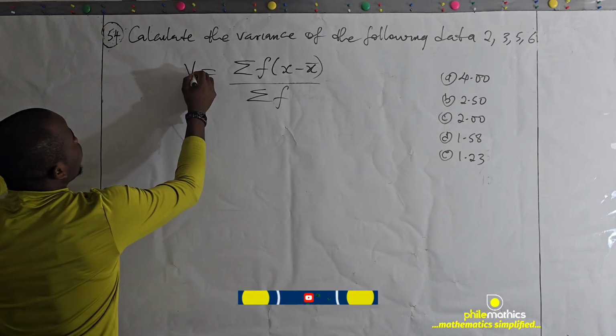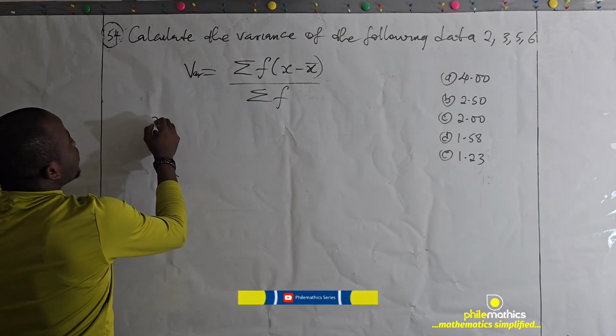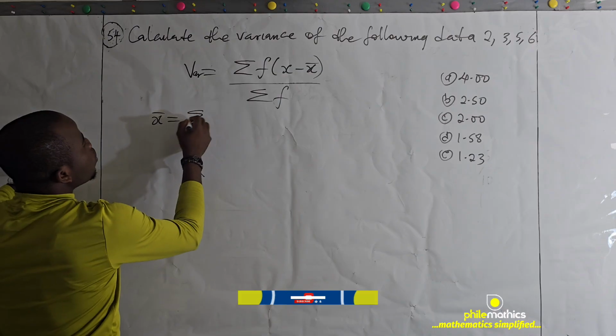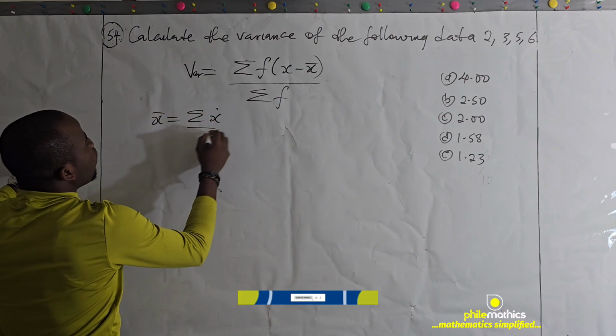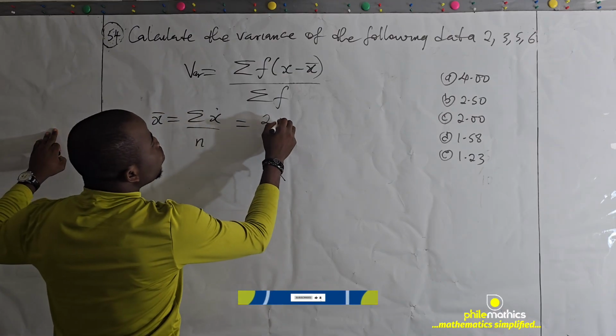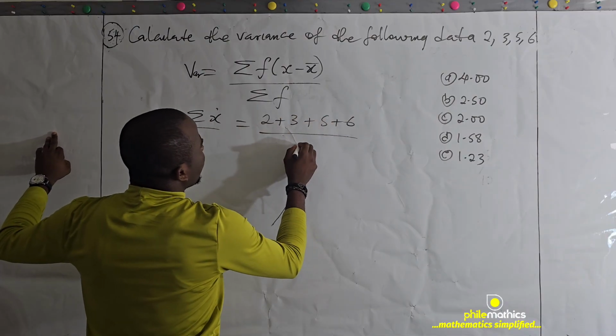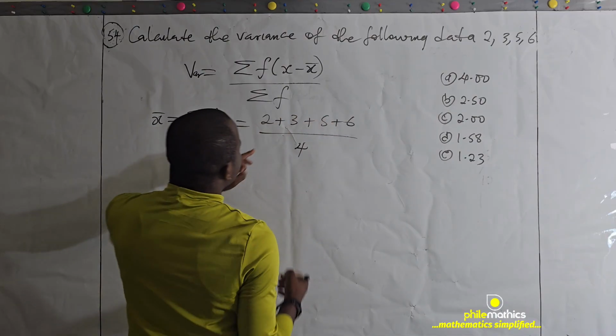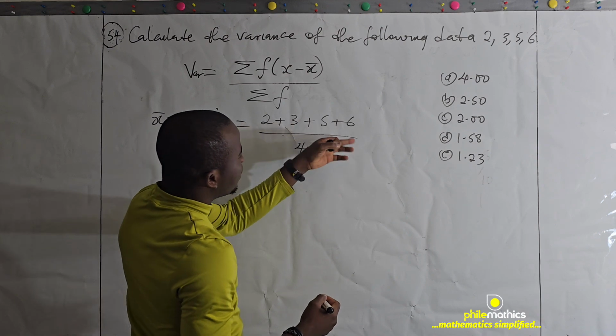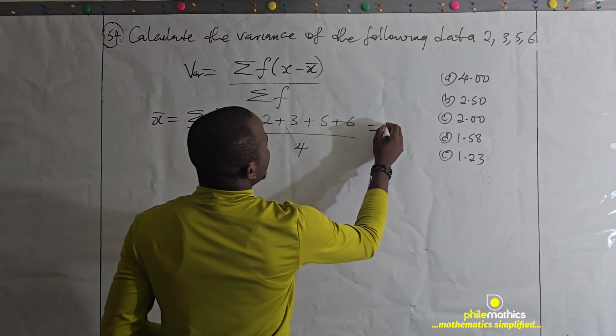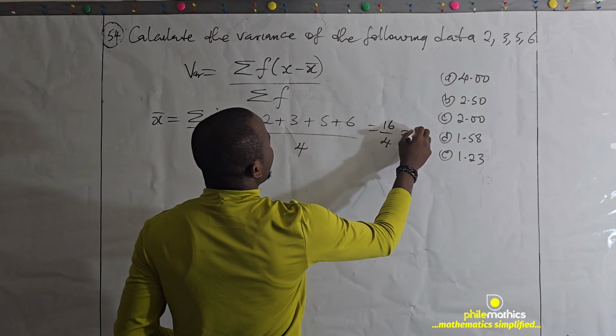And so we need to find the mean first. The mean is simply summation of x over f, which is 2 plus 3 plus 5 plus 6 over how many they are, which is 4. And this is 2 plus 3 is 5, 10, 16 over 4. 16 over 4, and this is 4.